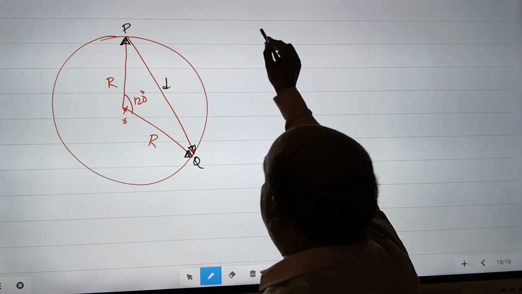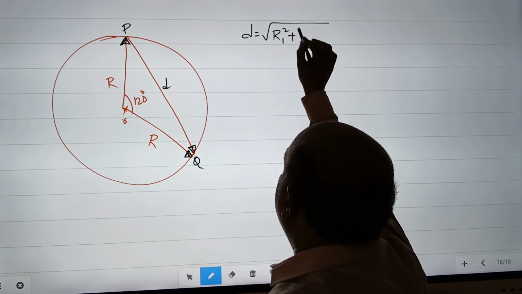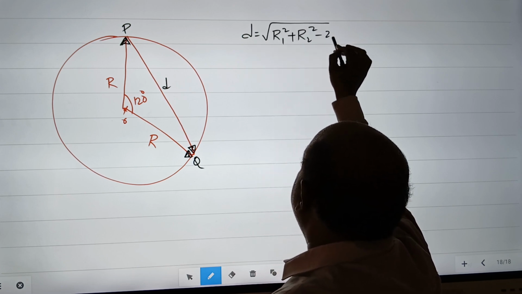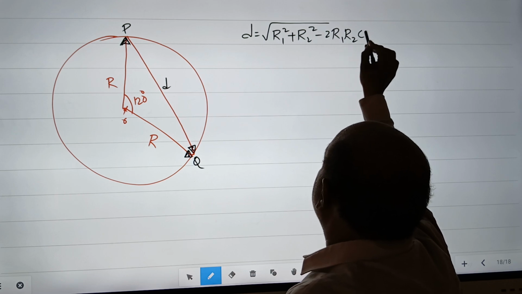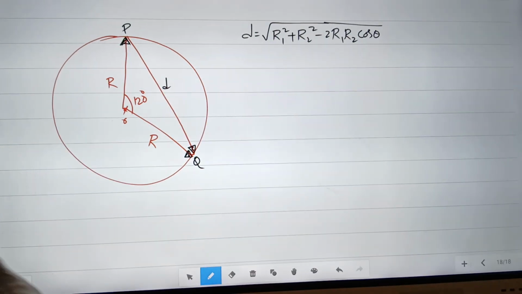Now, as we saw, resultant D is equal to under root R1 square plus R2 square minus 2 R1 R2 cos theta. This is the formula to find the resultant of two vectors.